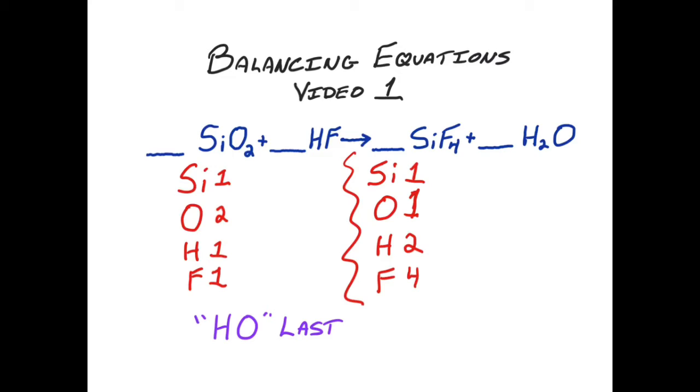So, I'm going to put my finger right here on the screen. And you probably won't be able to see a mark. And the reason I'm doing that is I want to make sure I'm focusing on the letter F. I want to work only on F. If I have 4 F's right there on the product side, I want 4 F's on my reactant side.